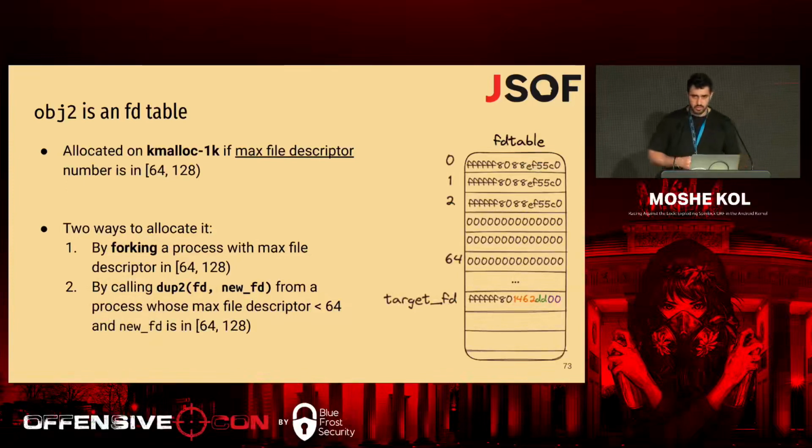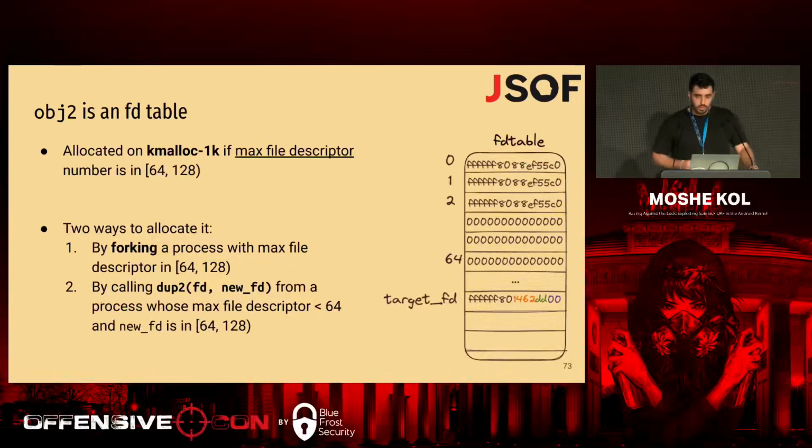To allocate such an object in kmalloc-1k, there are two ways to do this. The first way is by forking from a process that has a maximum file descriptor between 64 and 128. In this case, a new file descriptor table in kmalloc-1k will be allocated for the child. The second way is by using the dup2 system call, which duplicates an FD to another FD number that you choose.